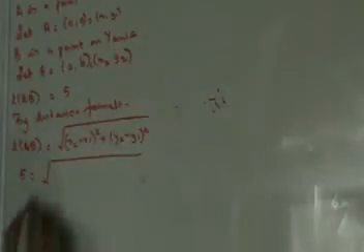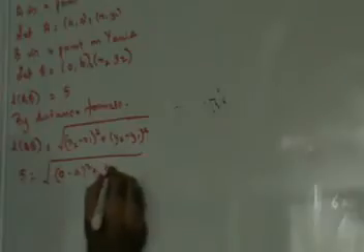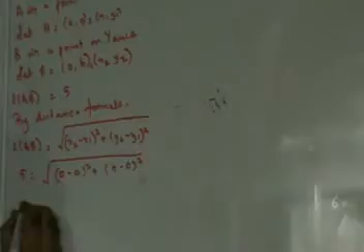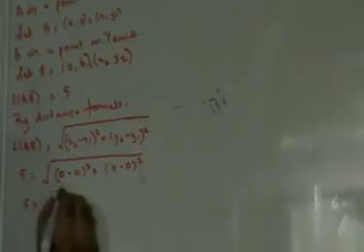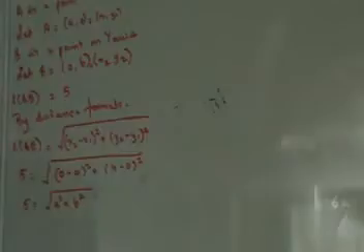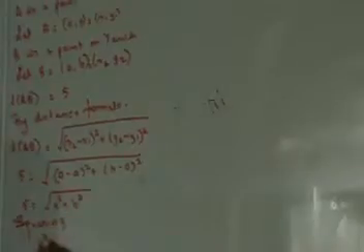So x2 minus x1 the whole square, 0 minus a the whole square plus b minus 0 the whole square. So I get 5 is square root of a square plus b square. Right? Squaring both the sides, I'll get a square plus b square is equal to 25. Okay.